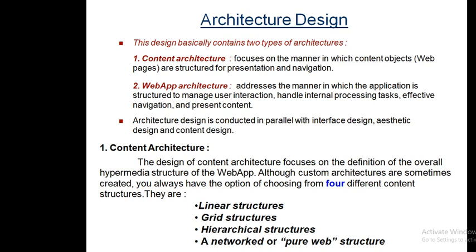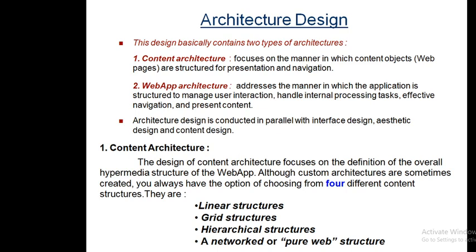One is user interaction, how the user interacts with the web application. Second is handling the internal processing tasks. Third is effective navigation, and fourth is how to present the content. So the main concept of architecture design is based on web app architecture, because it is the structure to manage all these four points.